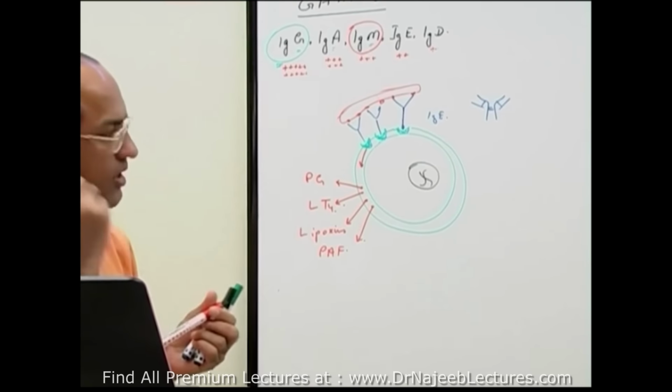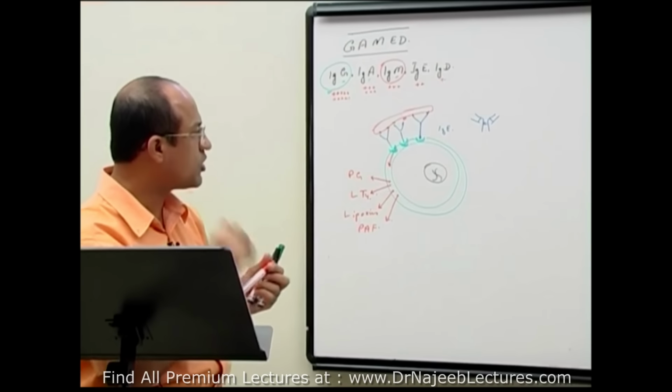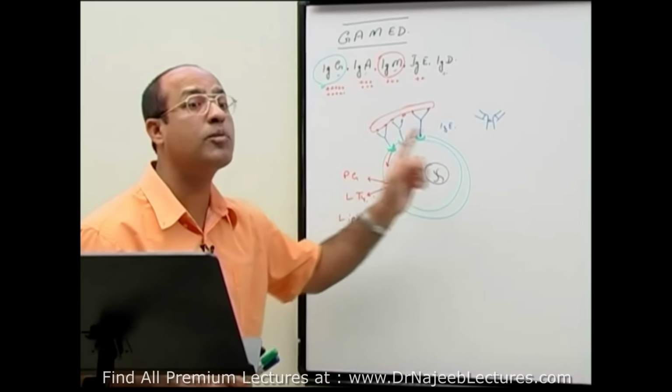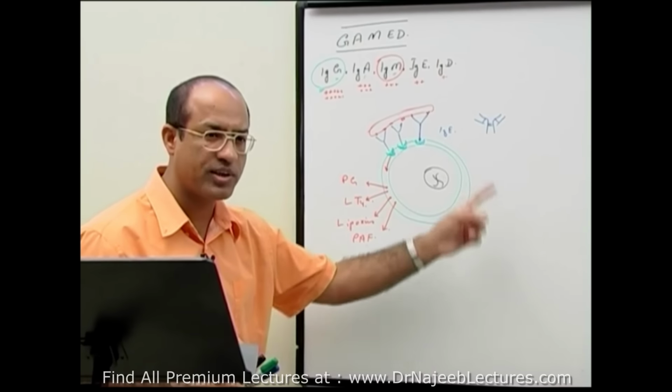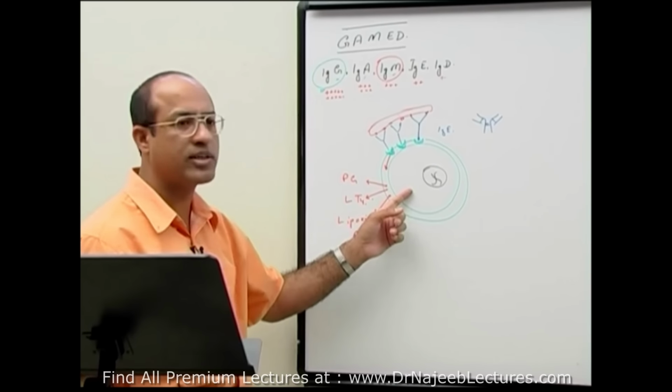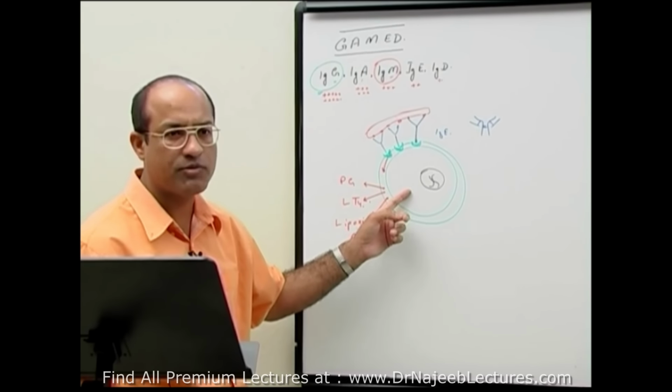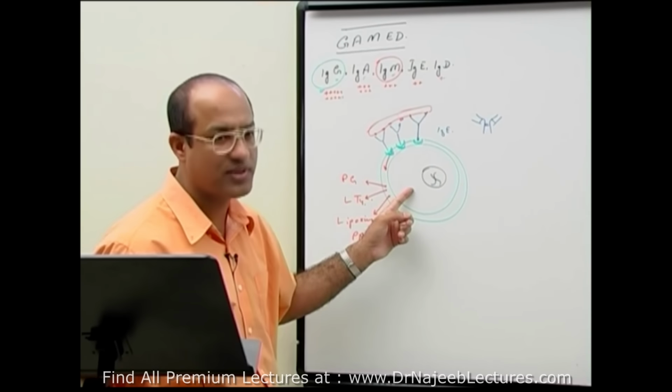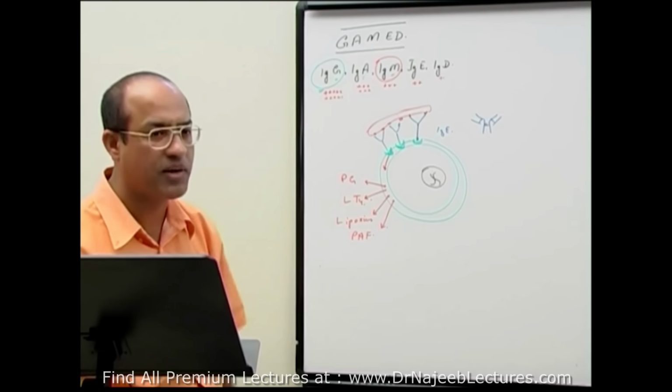So what really happens when IgE is activated on the surface of mast cells or basophils? Basophils are circulating in blood; mast cells are connective tissue cells present throughout your connective tissue except the central nervous system. The central nervous system does not have mast cells.